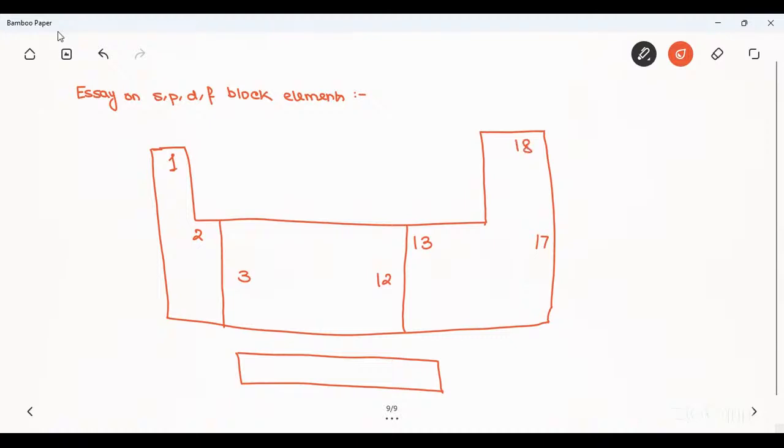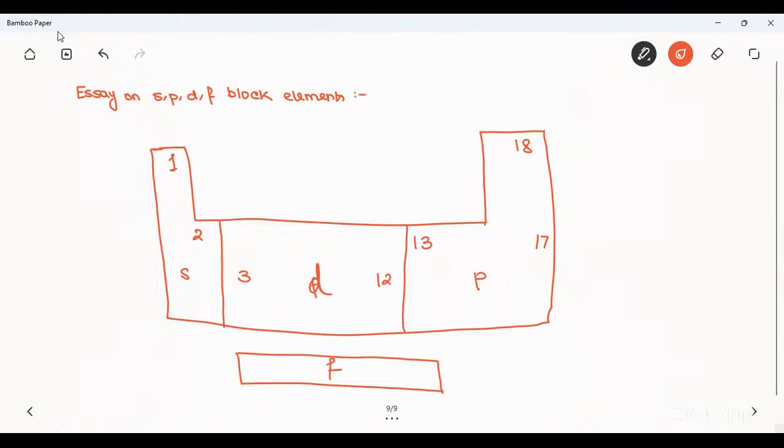So this is the S block. This is the P block. This is the D block. And this is the F block. Okay, so just make a schematic diagram while you are explaining it, while you are writing in your exams.